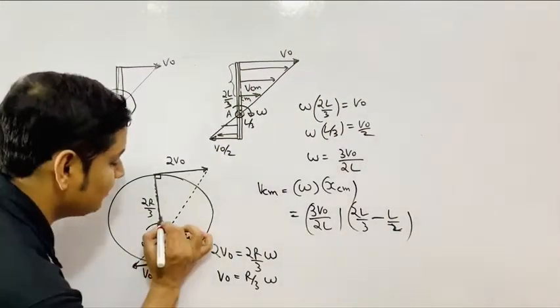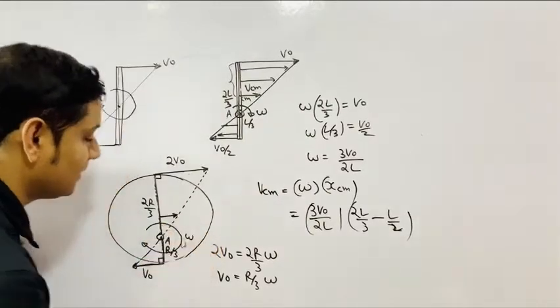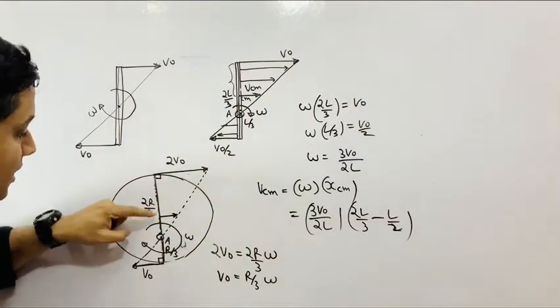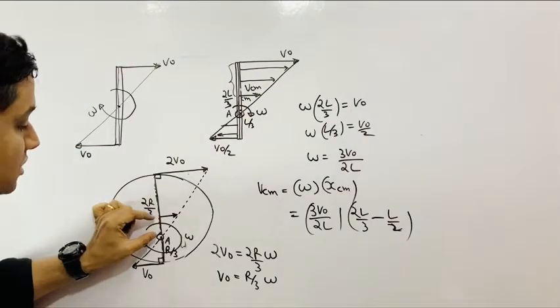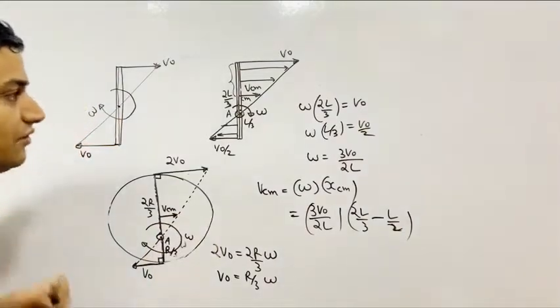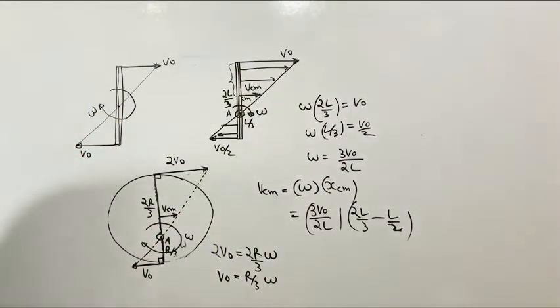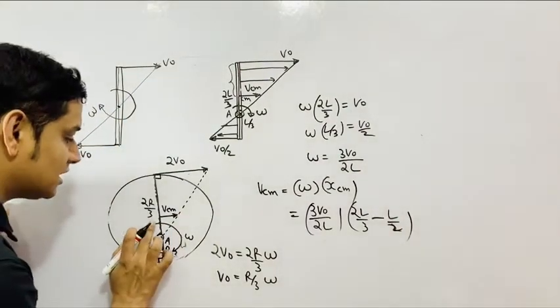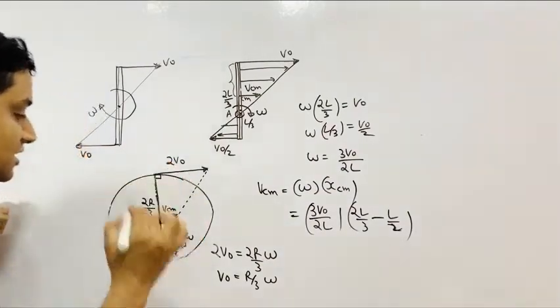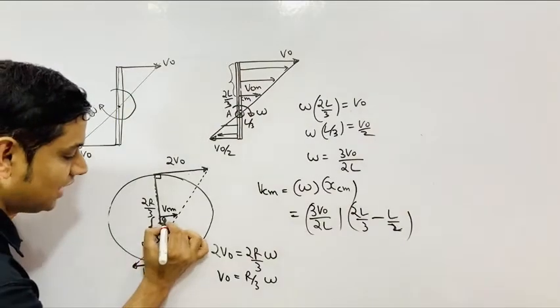Suppose I have been asked what is the velocity of the center of mass. I can get it because from here to here the distance is 2r by 3 and from here to the center the distance is r, so this would be 2r minus r by 3. I can get VCM also. If the question asked is to find the kinetic energy, what is the distance between the instantaneous axis and the center of mass?